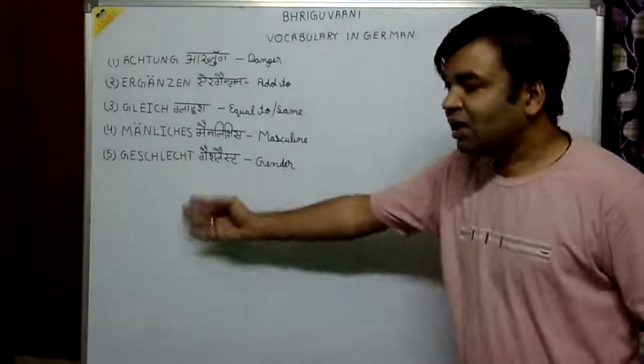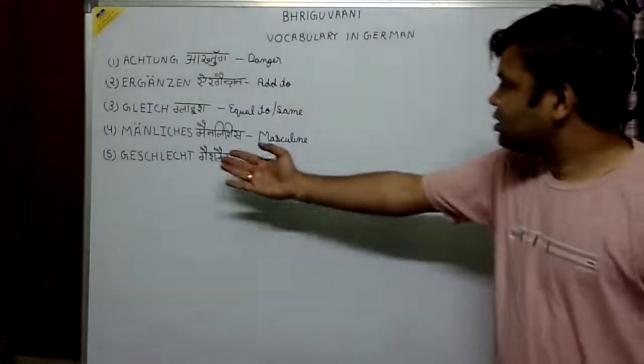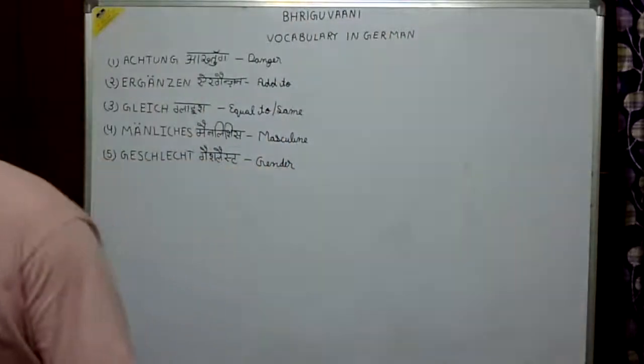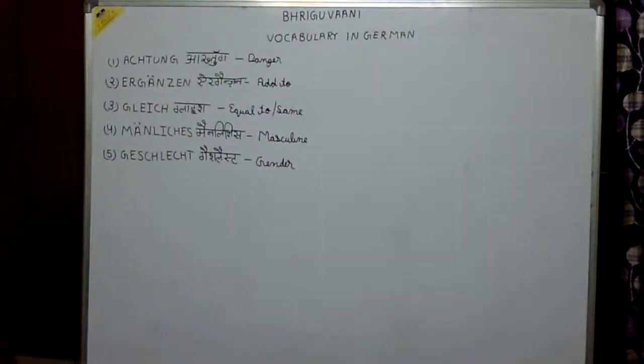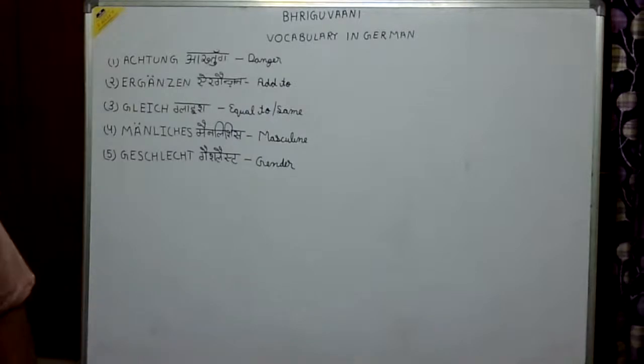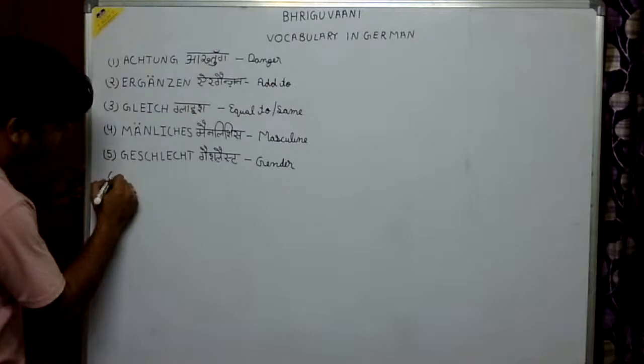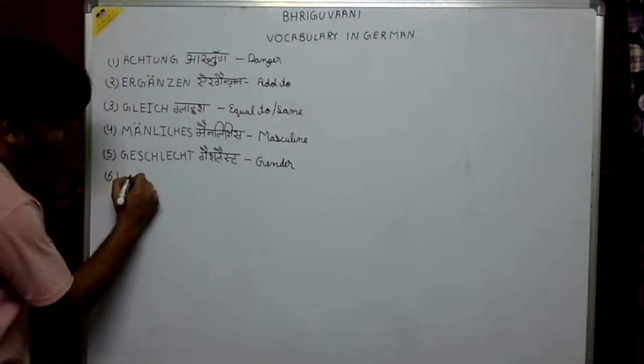So Geschlecht means gender. The next word we are going to learn is jünger. The next word we are going to learn is jünger.